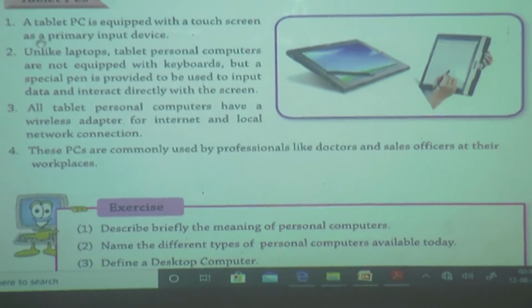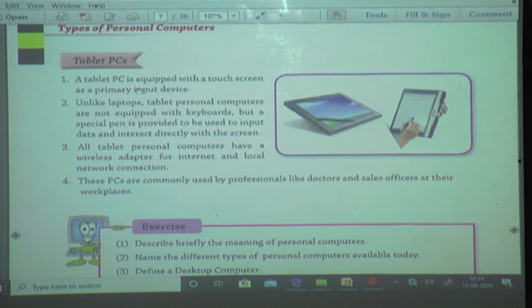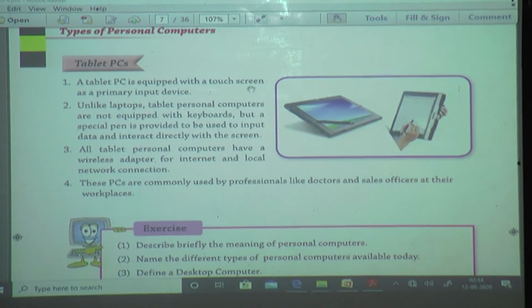Tablet PC is equipped with a touch screen as a primary input device. Unlike laptops, tablet personal computers are not equipped with a keyboard, but a special pen is provided to input data and interact directly with the screen.